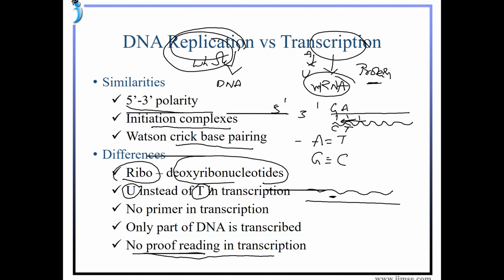So the enzyme will check whether it has added exactly T, whether it has exactly C or not. If it has not done correctly, it will go back and correct it and come back to its normal synthesis process. So now you have got to know what is proofreading. So can you tell why there is no requirement of proofreading in transcription?